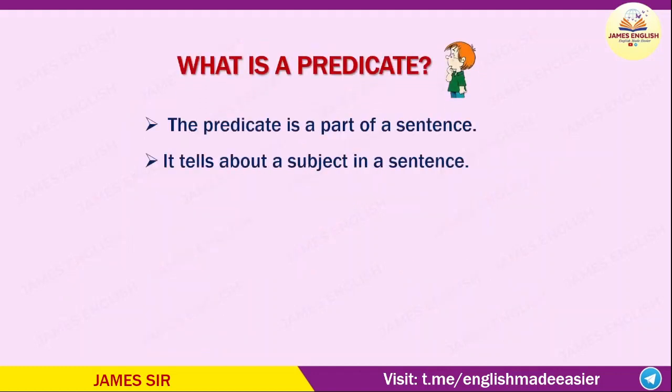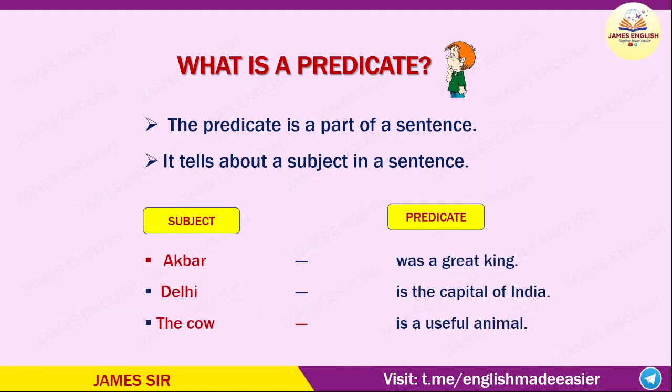What is a predicate? The predicate is a part of a sentence. It tells about the subject in a sentence. I am intentionally repeating the same examples so that you can easily relate, guys. The predicate is also part of a sentence, but it tells about the subject.